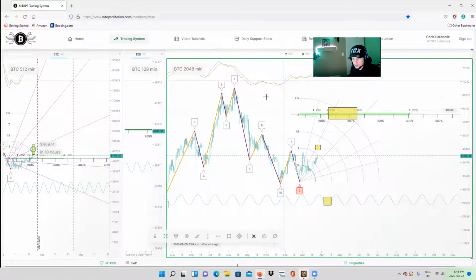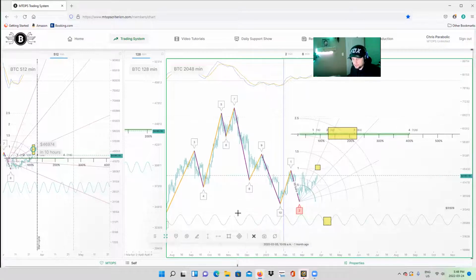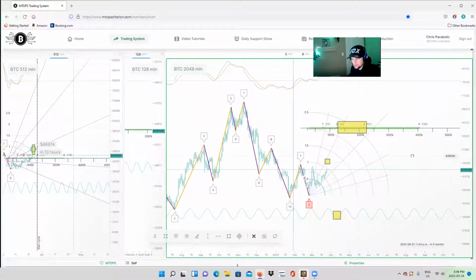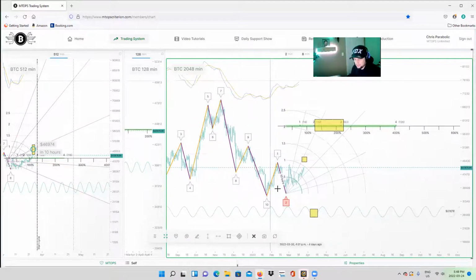Now, this is a much higher time frame. We had this deviation from price with a downturn, an accumulative stage, a sideways accumulation stage, where we should start to see some upside.